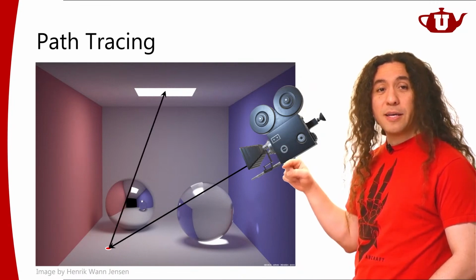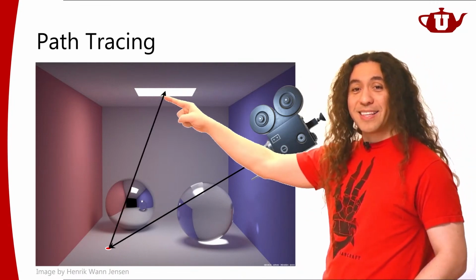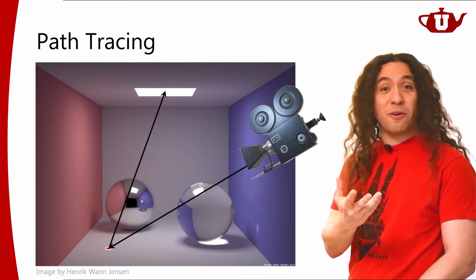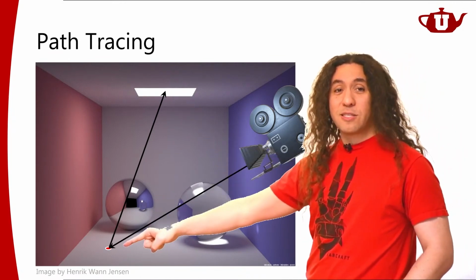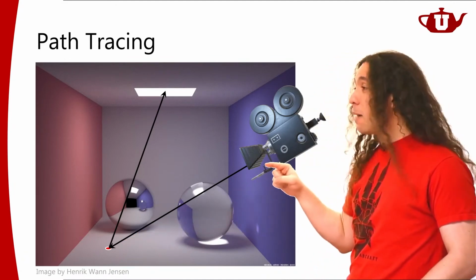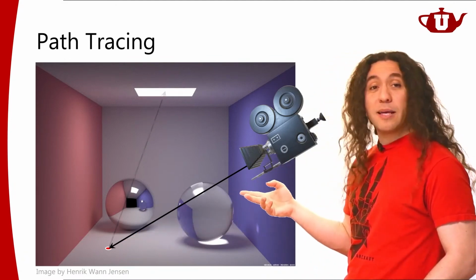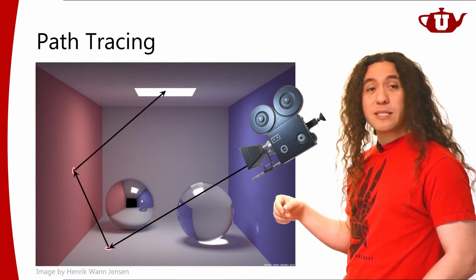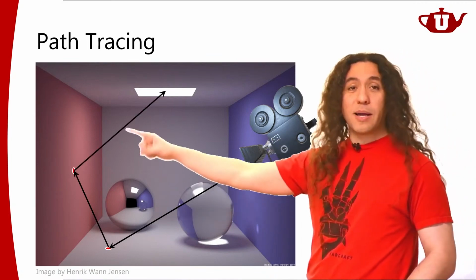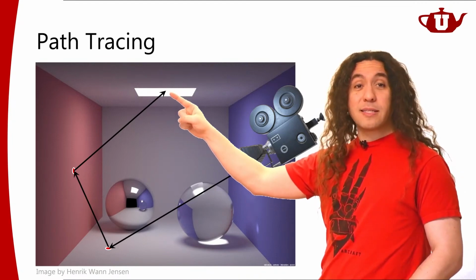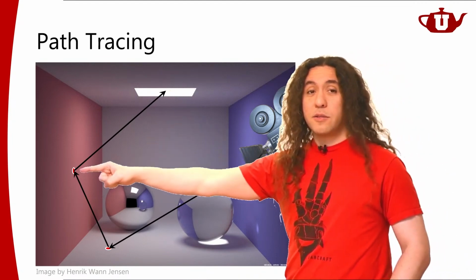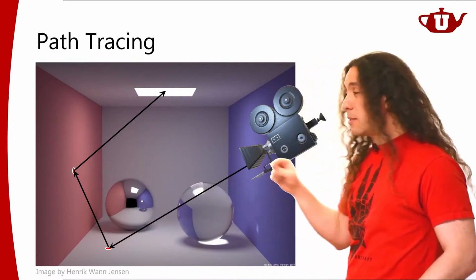So let me go back. This was the light path that we originally computed with direct illumination. The light hit the surface, bounced back, and that's what my camera saw. That was one light path. And then by doing this indirect path tracing, we found another path for the light, from here to here to here and then to the light source.